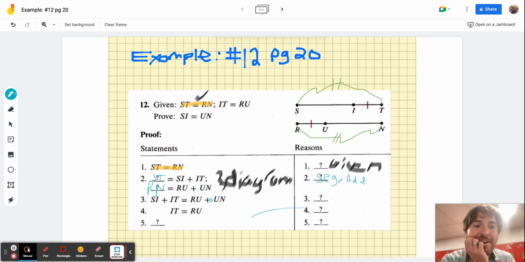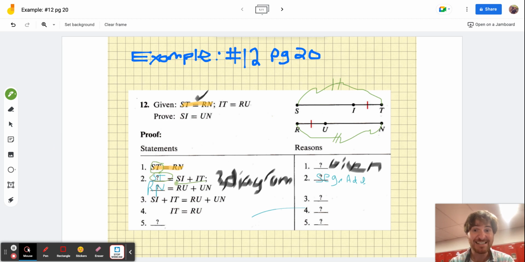So what happened? What justifies this? I have my given premise, ST equals RN, which I got from the segment addition postulate. How can I use statement 1 and statement 2 to arrive at this? Maybe you saw it, maybe you didn't. This is a harder one to see. I have ST right here, and what do I know about ST?